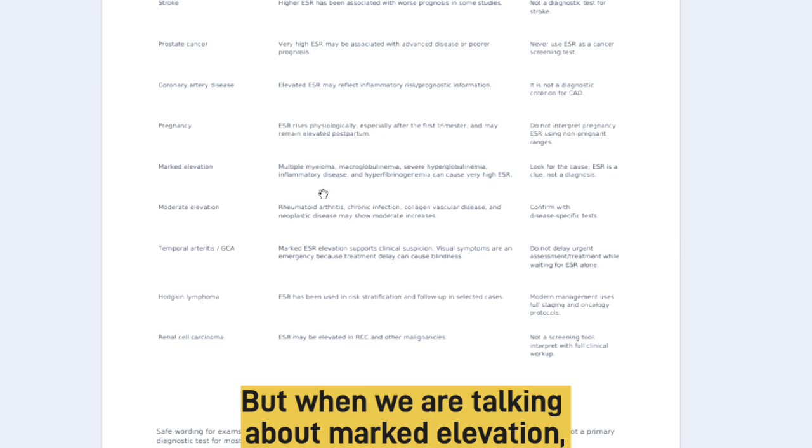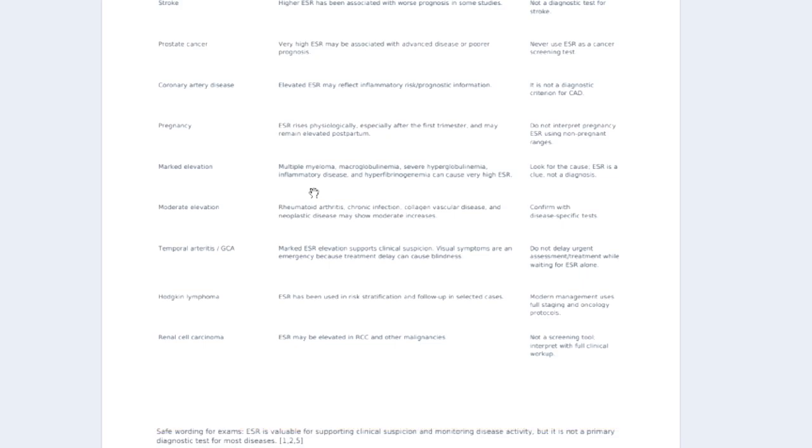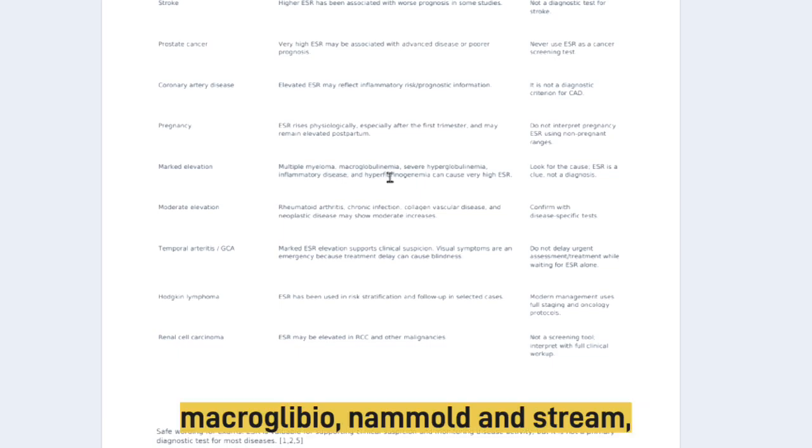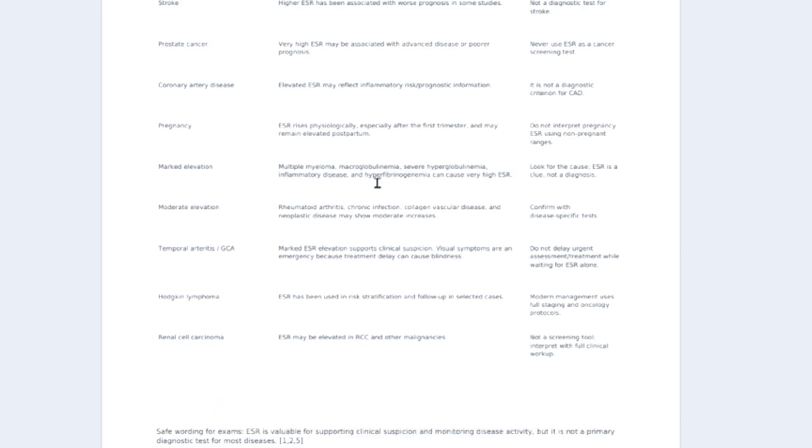But when we are talking about marked elevation, I mean more than 100 millimeters per hour, very bad neoplasms such as multiple myeloma, Waldenstrom macroglobulinemia, severe hyperglobulinemia, severe inflammatory disease, and hyperfibrinogenemia should be considered.